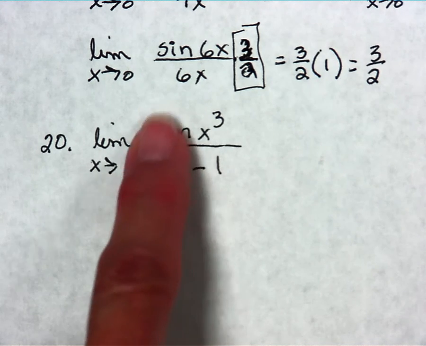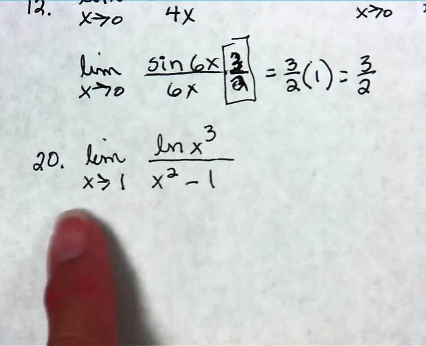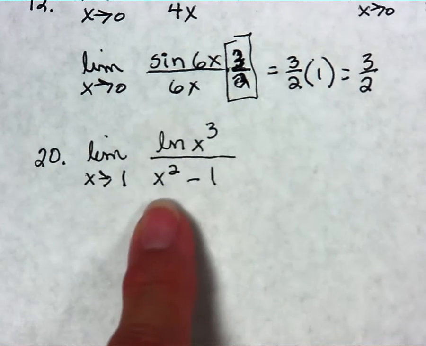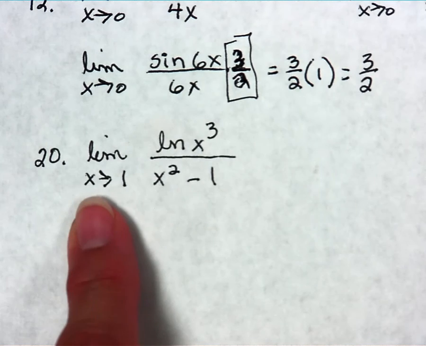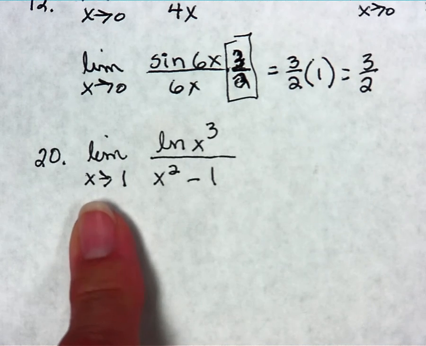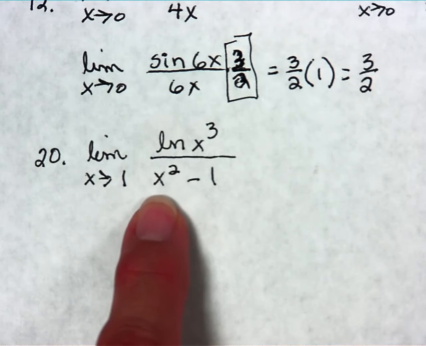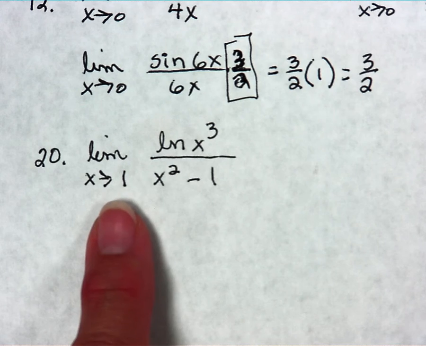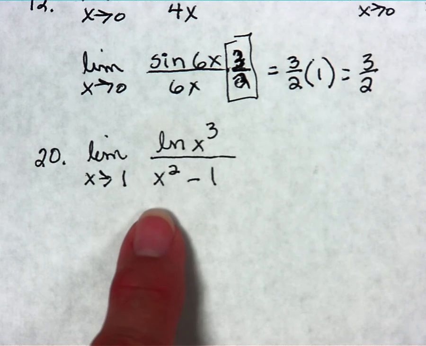Yeah, it is. And x squared minus 1 is differentiable close to 1. Is the derivative going to give me 0 if I let x get close to 1? The derivative is going to be 2x. So if I let x be 1, no, the derivative's not going to be 0. So I think we can use L'Hopital's rule.